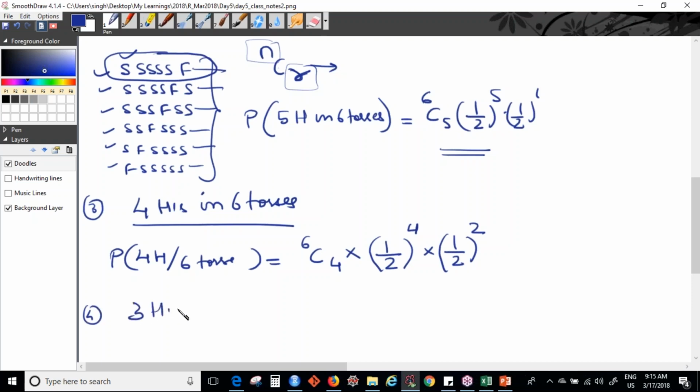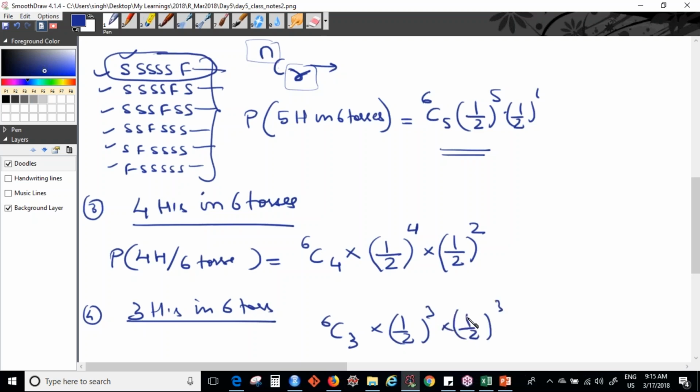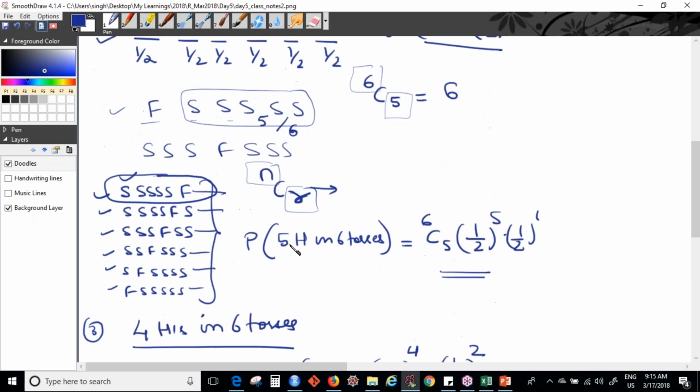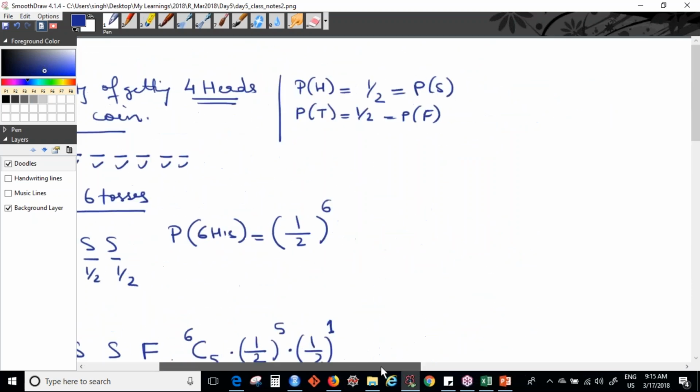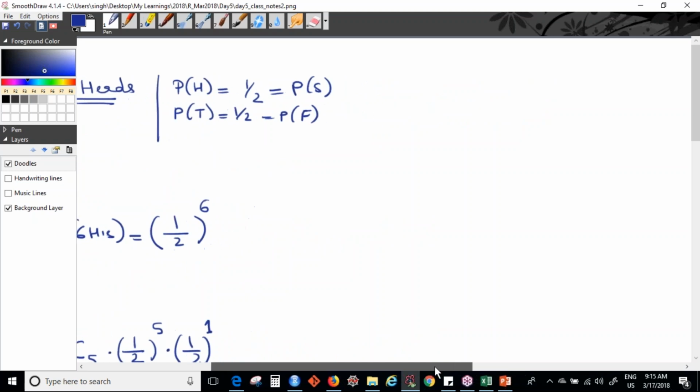You can get for 3 heads in 6 tosses also. That will be 6C3 into 1 by 2 to the power 3, again into 1 by 2 to the power 3. So what you have done is, without knowing, you have derived the binomial formula.